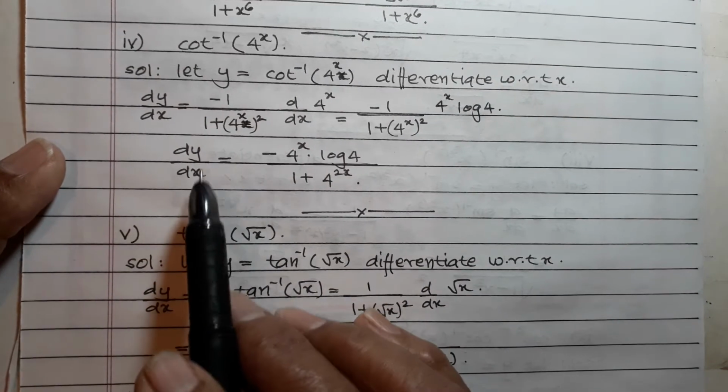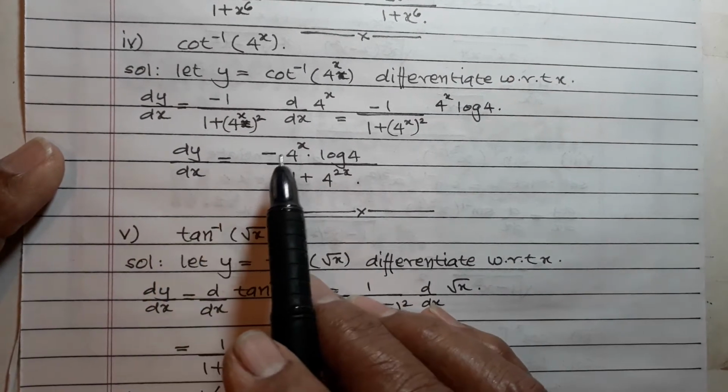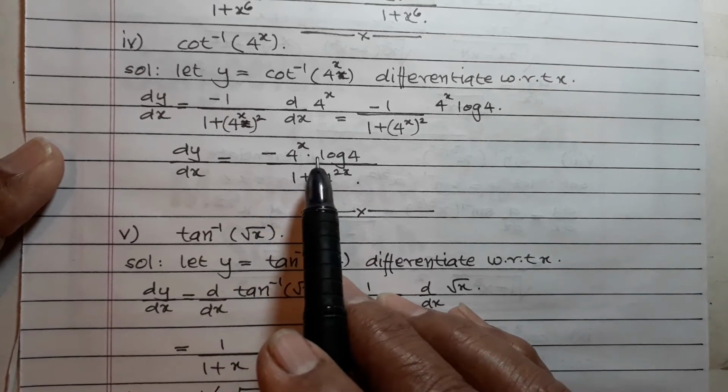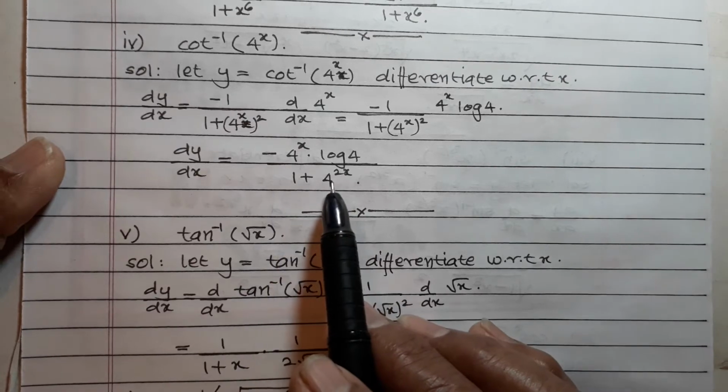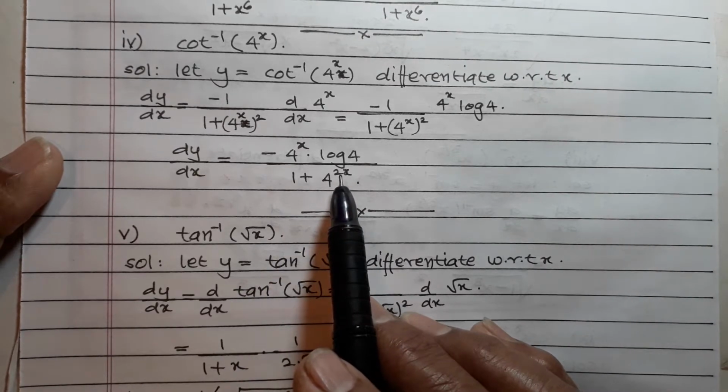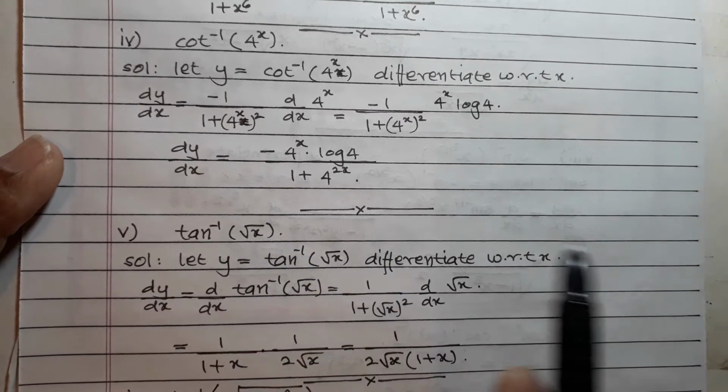Therefore dy/dx is equal to minus 4 raised to x into log 4 upon 1 plus 4 raised to 2x. Okay.